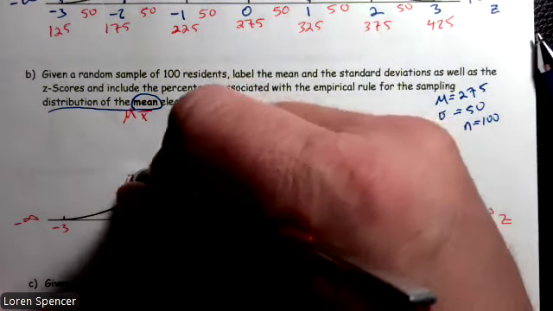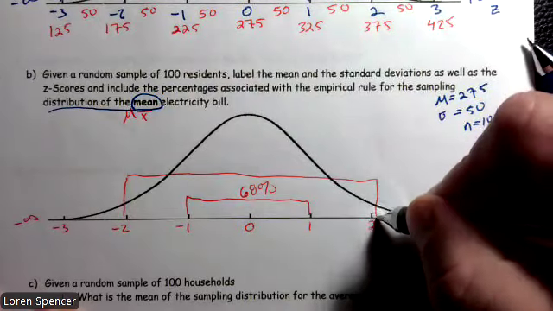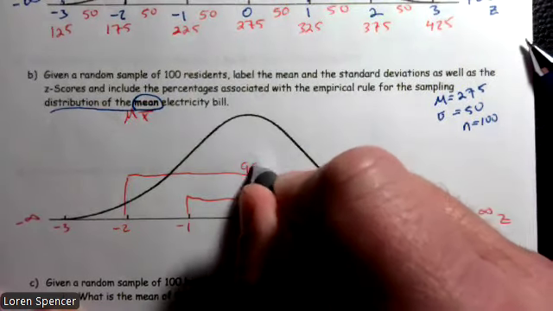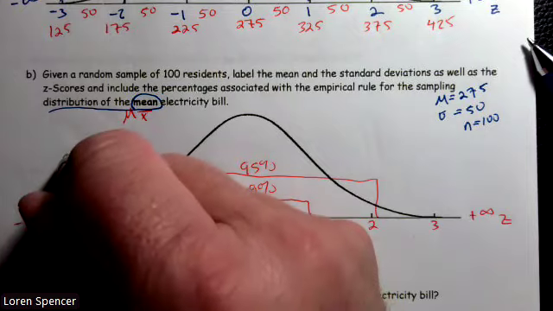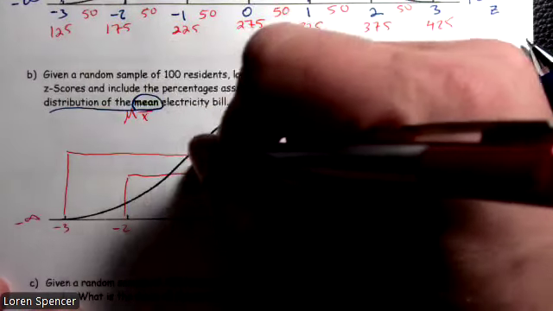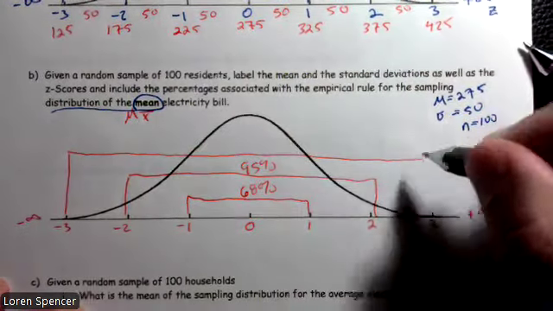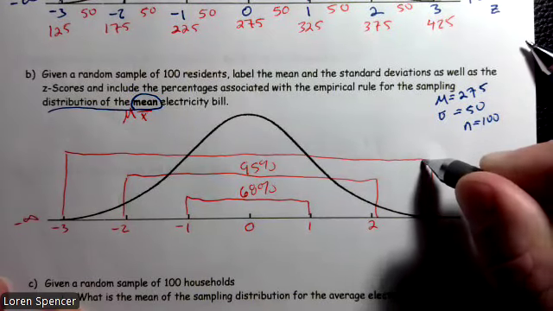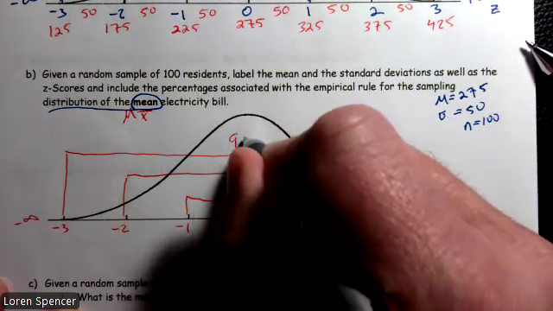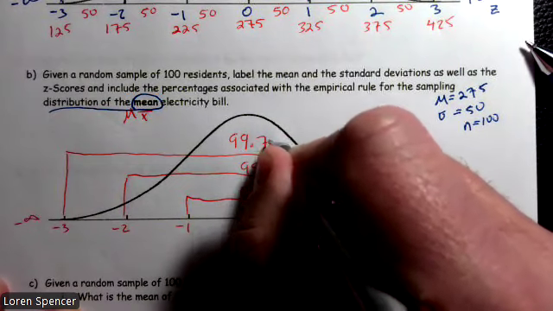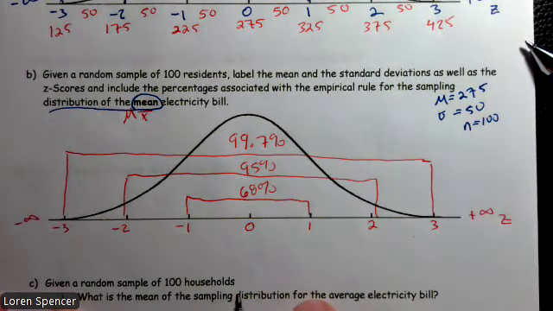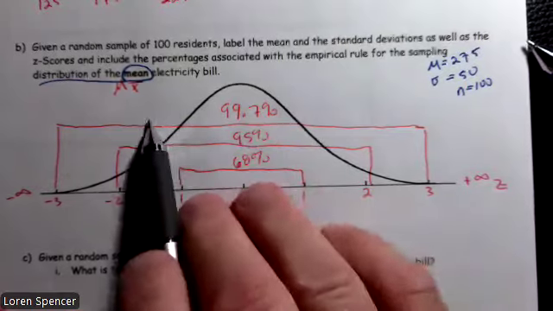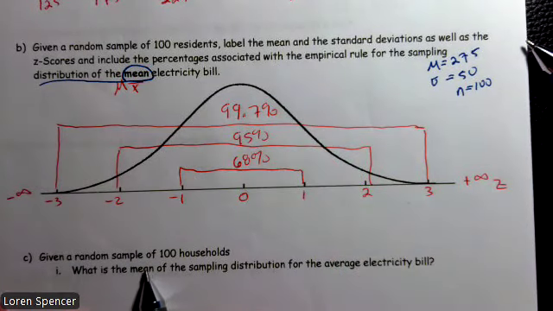Plus or minus 2, 95%. Plus or minus 3, 99.7%.